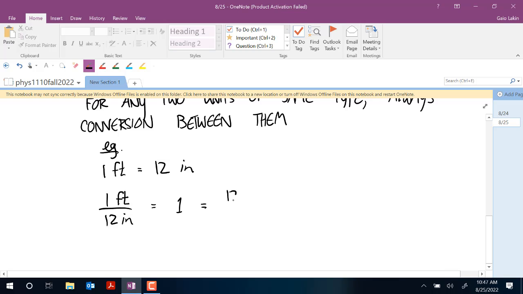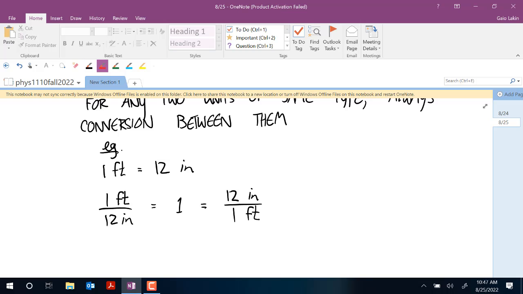And that's equal to 12 inches over 1 foot. And since those are equal to 1, anything you multiply by 1 doesn't change what you started with. So you can multiply anything you want by one of these conversion factors.